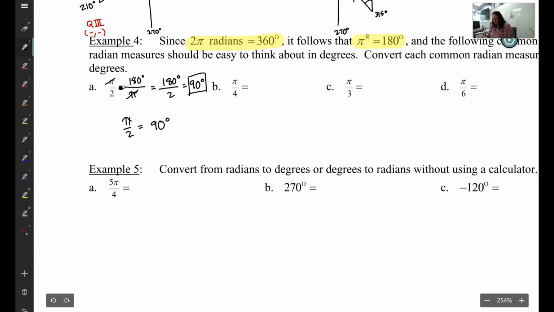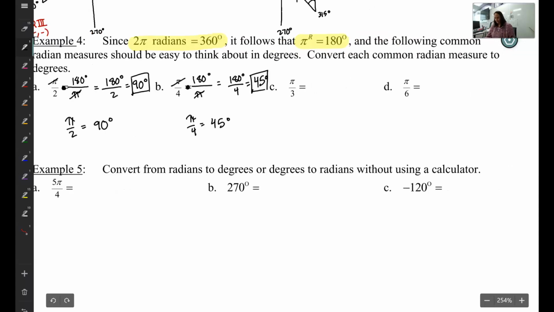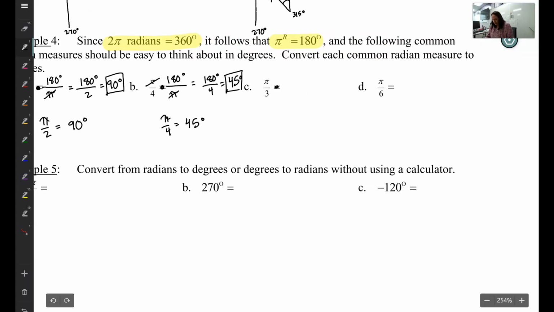Let's do the next one. Same thing. I'm going to convert this, multiply by a fraction. I'm still going to put pi on bottom and 180 degrees on top. So then my pi's cancel, and I have 180 degrees divided by 4, which is 45 degrees. So pi fourths is 45 degrees. Next one, pi thirds.